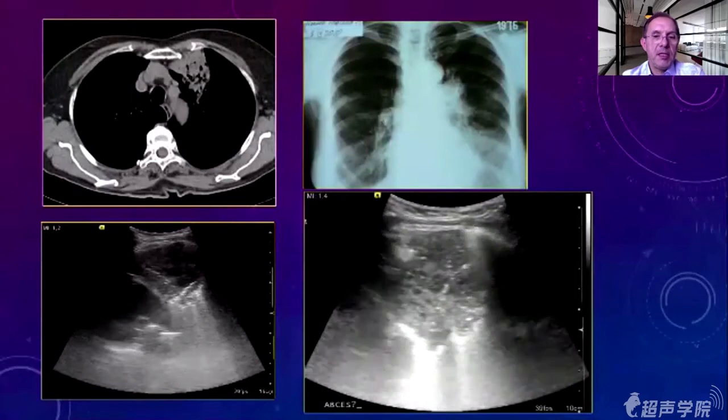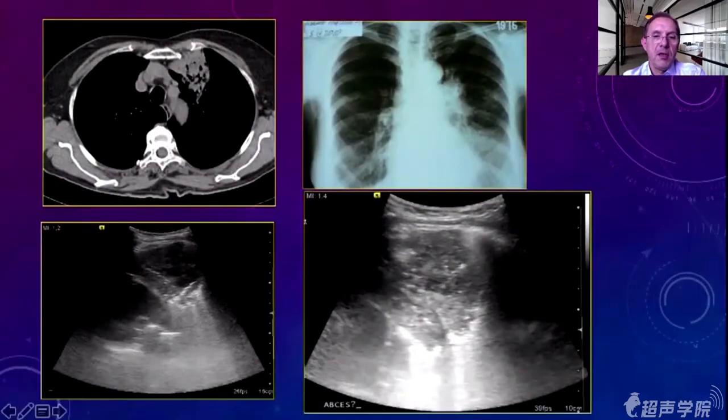Another interesting case, you see here a consolidation. You see here a very interesting finding. It's a fluid bronchogram, which is characteristic for obstructive atelectasis.